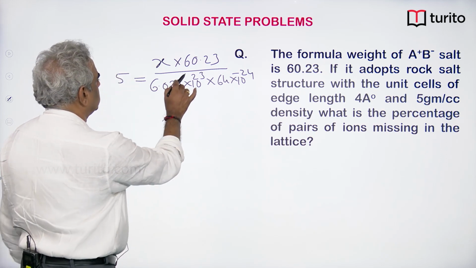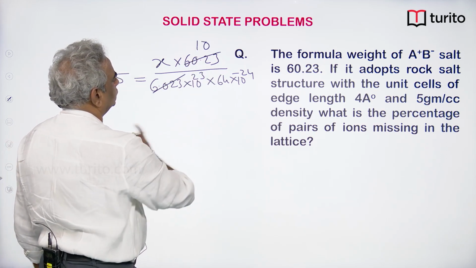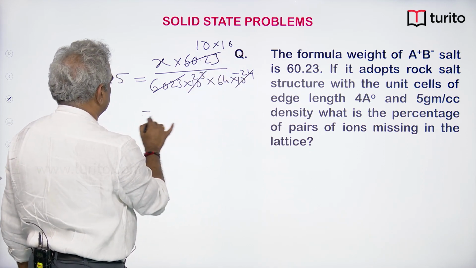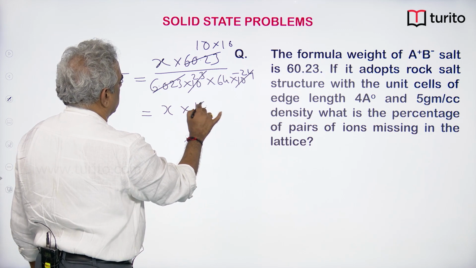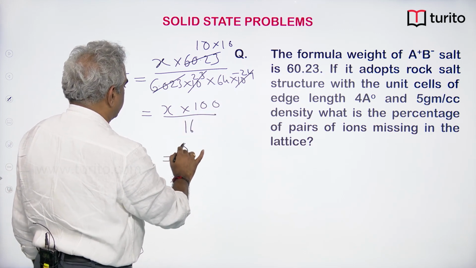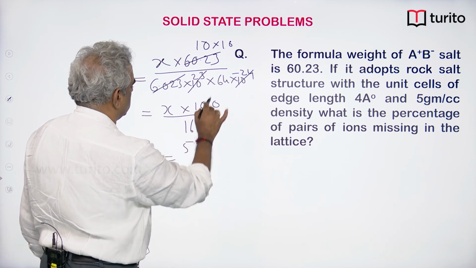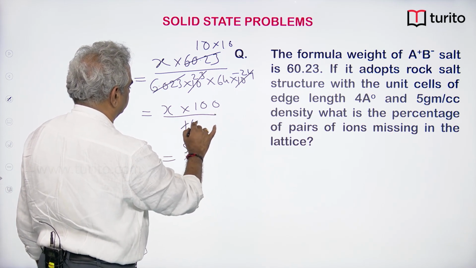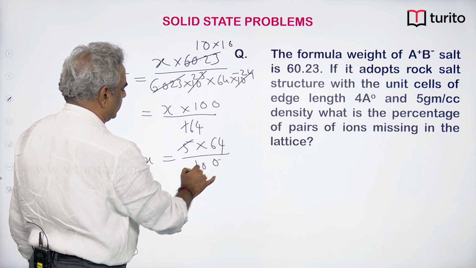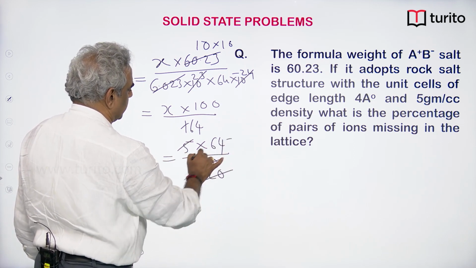So, this goes 10 times. So, 23, 24 will give 10 again. So, this is going to be x into 100 by 16. So, x is going to be 5 into 64 by 100. This is 20 and this is 3.2.